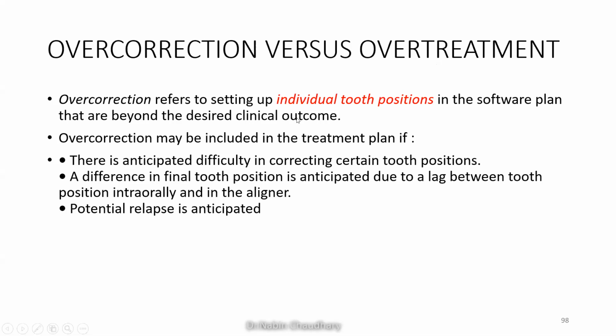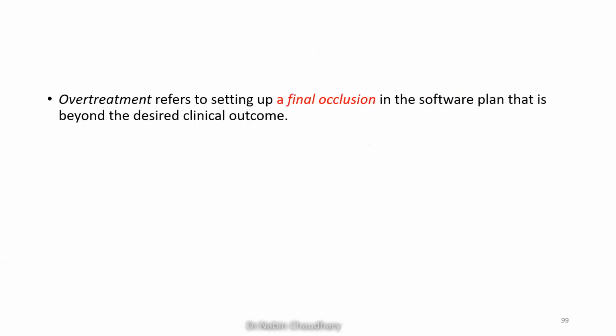So overcorrection means setting the individual tooth positions in the plan beyond the clinical outcome, and this is generally required when we are anticipating difficulty in correcting the tooth position, and when a difference in the final tooth position is anticipated due to the lag between the tooth position intraorally and in the aligner. And when we suspect potential relapse, then we can do the overcorrection during the software plan.